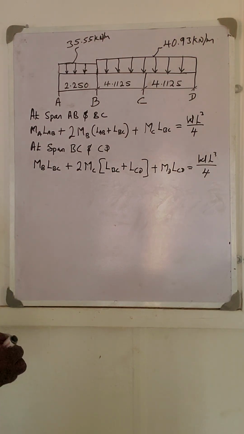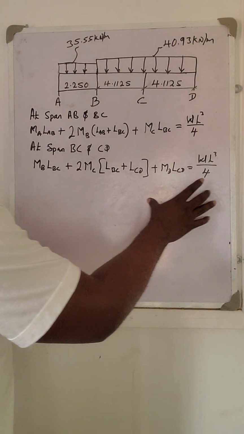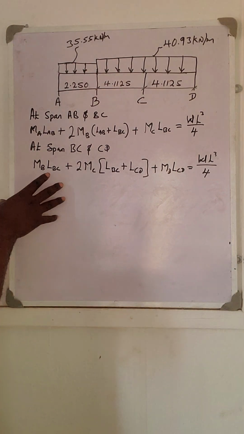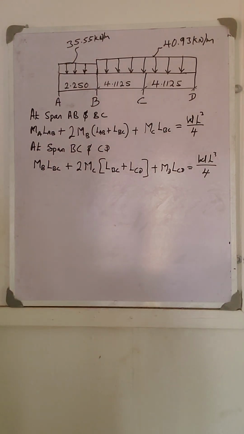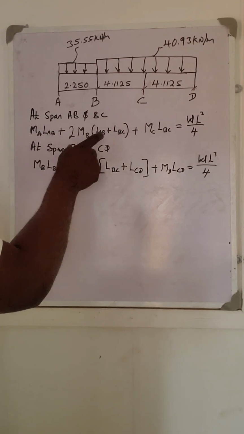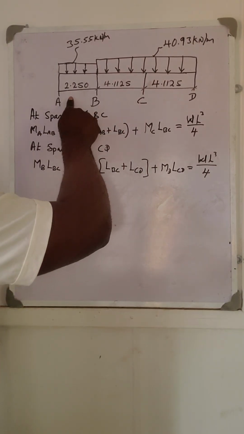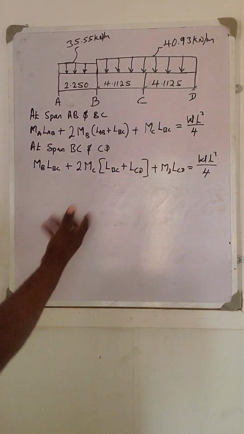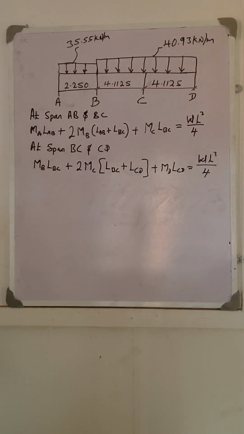Then at the end of the day, you solve using the simultaneous equation method or the determinant method. We have gotten the two formulas for AB and BC, then BC and CD, so we will now proceed by inputting the values.